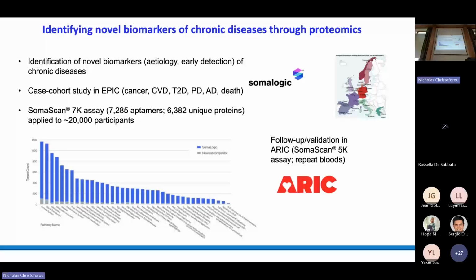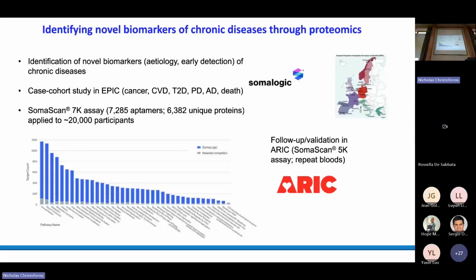But the SomaScan 7K, I think, currently gives you the greatest breadth in terms of measuring different biological pathways, which we think might be relevant to disease development. So really spanning from the immune system and metabolic proteins through to non-secreted proteins, proteins which are expressed by different tissues, cell adhesion proteins.